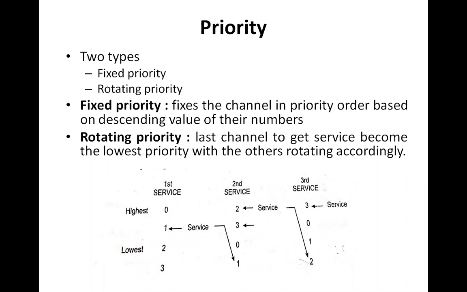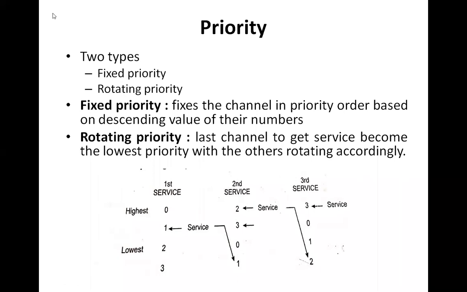Now, besides having the fixed priority, we also have a rotating priority. So what is the rotating priority? Rotating priority is a scheme in which the last channel which has already been serviced by the 8237 DMA controller will now have the lowest priority.